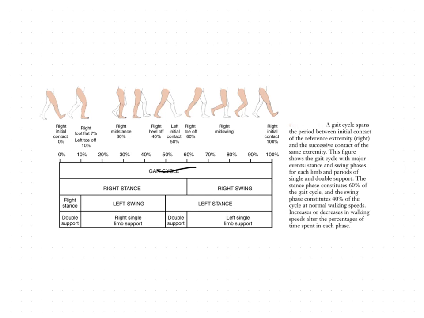Now we can see the percentages related to the gait cycle. Here this is 0%, the initial contact of the right extremity to the initial contact again of the right extremity. The entire thing is called the gait cycle, which includes 60% of stance and 40% of swing phase.